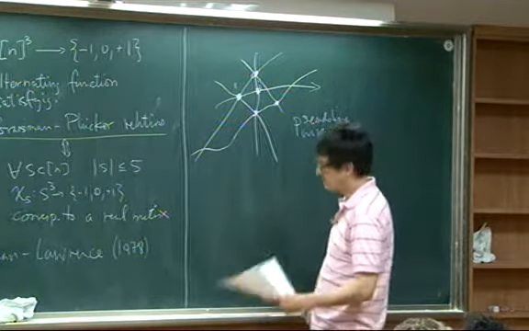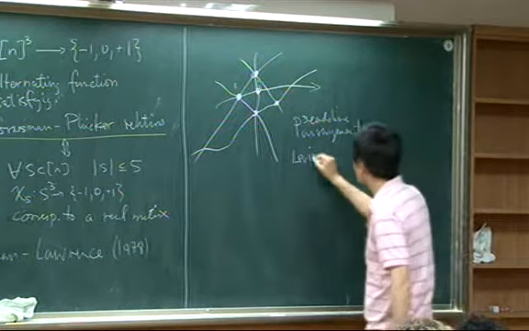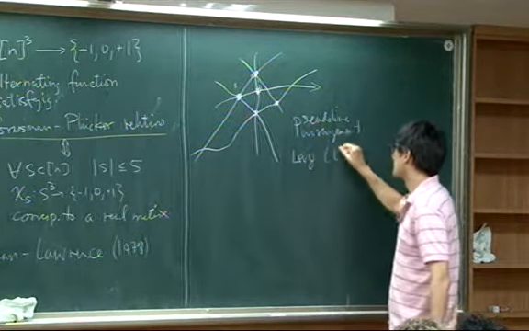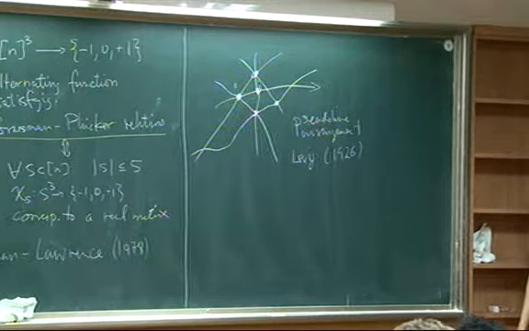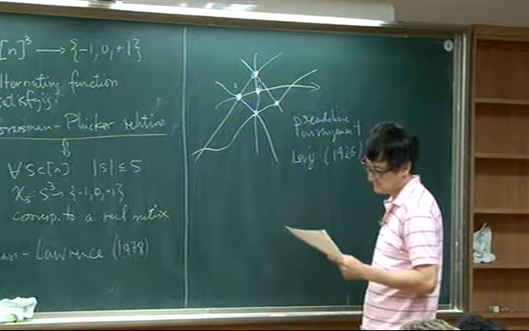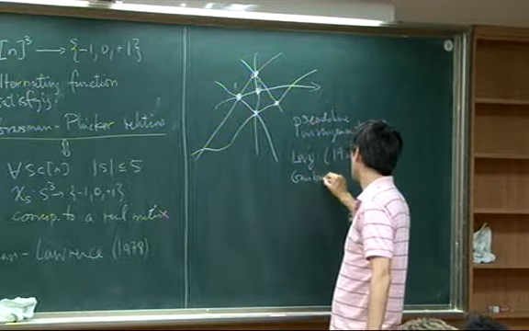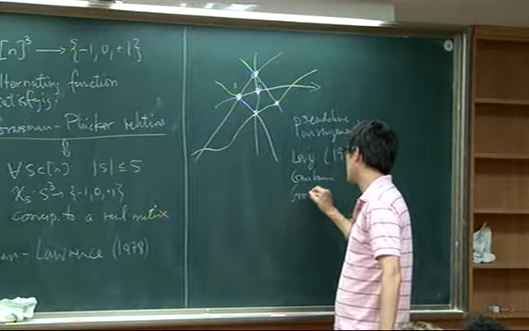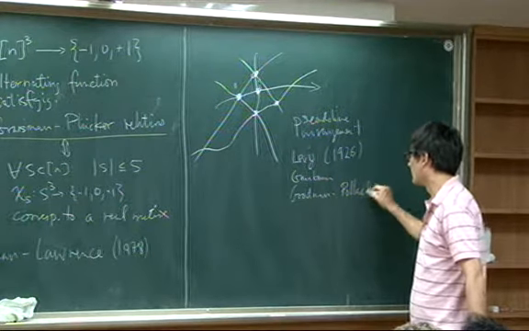And these have been studied since Levy. I think this is the first place the word pseudo-line arrangement showed up, by Levy in 1926. They were later studied by Grünbaum and by Goodman and Pollack, and then by many, many people.